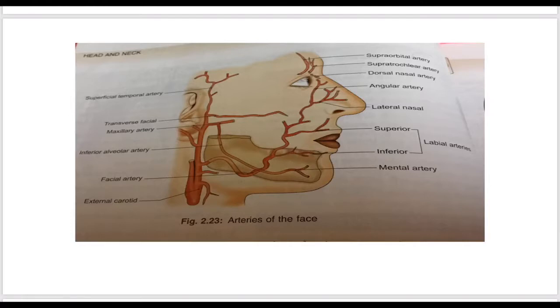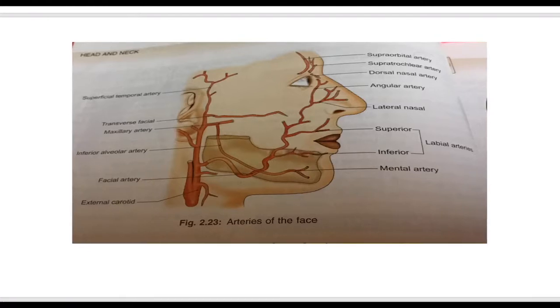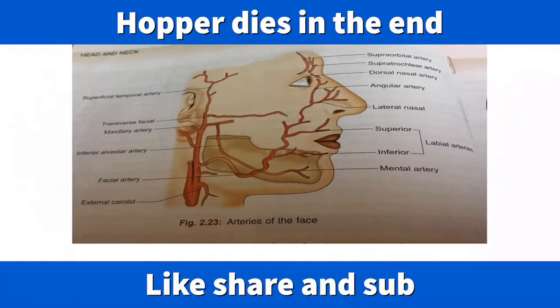Now that we have gotten that out of the way, we have to understand that the facial artery first starts at the inferior border of the mandible at the angle, and then from the medial side it has exited and come towards the inferior border on the lateral side. Now, after the inferior border on the lateral side, it has branched forwardly and in the superior direction.